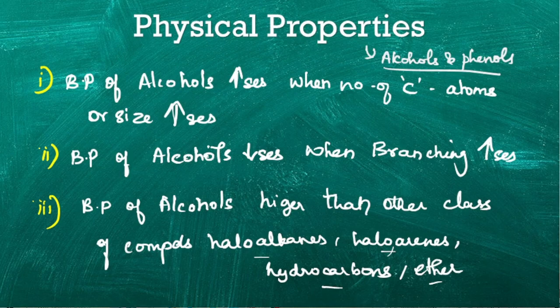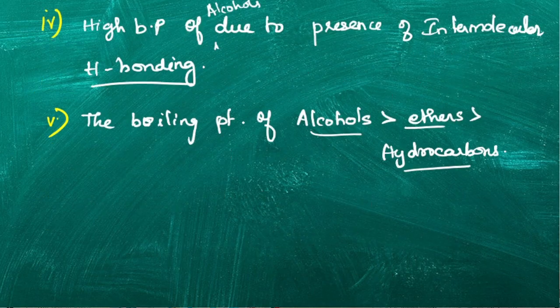The boiling point of alcohols is higher than other classes of compounds, like haloalkanes, haloarenes, hydrocarbons, ethers, etc. Because of what? Because of the presence of intermolecular hydrogen bonding. This is a very, very important keyword.